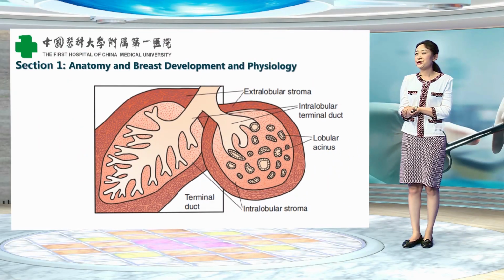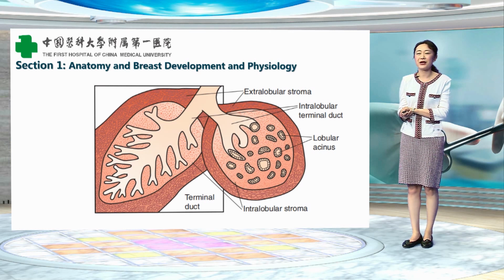Okay, next I'll show you the microanatomy of the breast. The mature breast is composed of three principal tissue types: the glandular epithelium, which is not the majority of the breast, the fibrostroma and supporting structures, and adipose tissue. In postmenopausal women, the glandular structures involute and are replaced by adipose tissue.